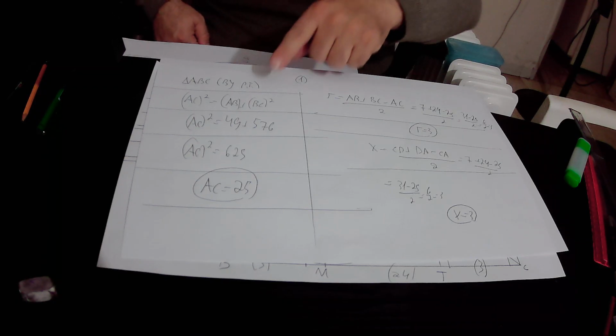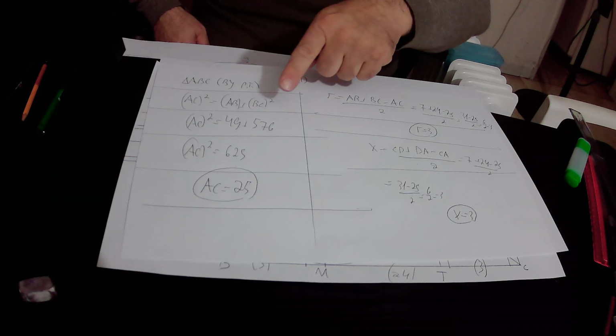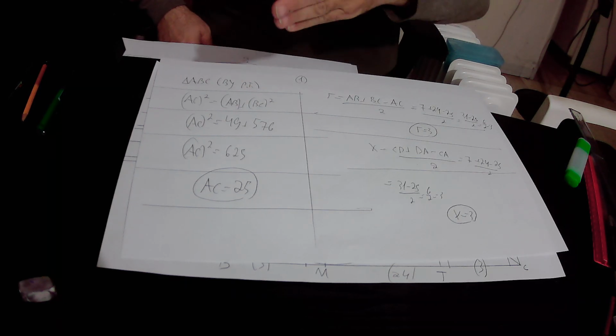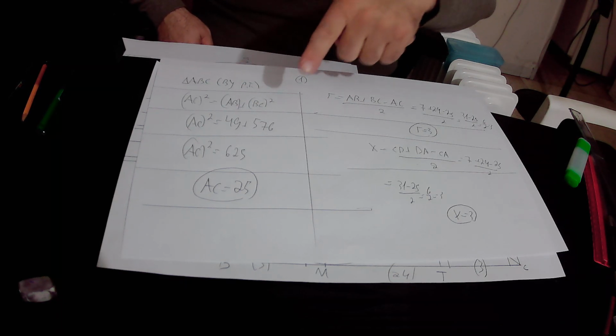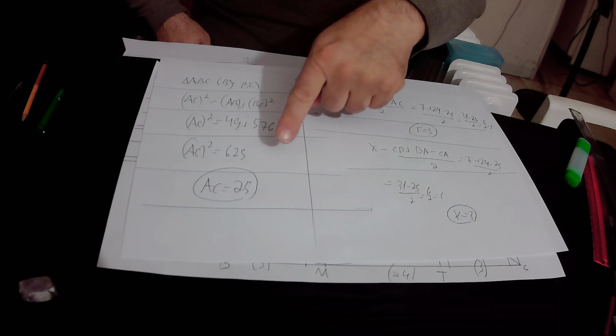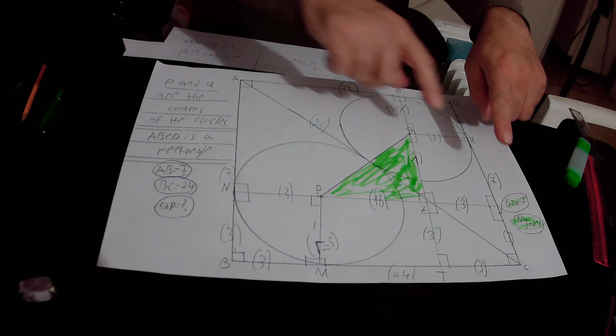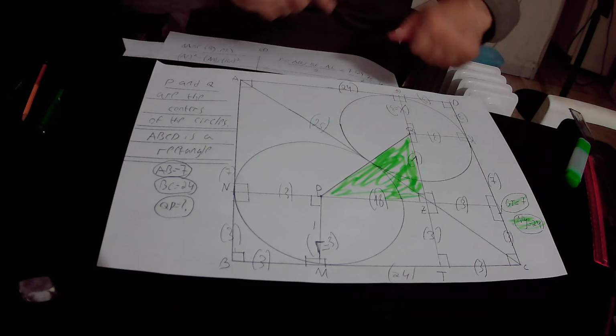So in total, AC square equals 49 plus 576, which is 625. We took the root of this equation, and finally we found that AC equals the square root of 625, that is 25. So the length of the hypotenuse in the right triangle ABC, AC, equals 25 units.